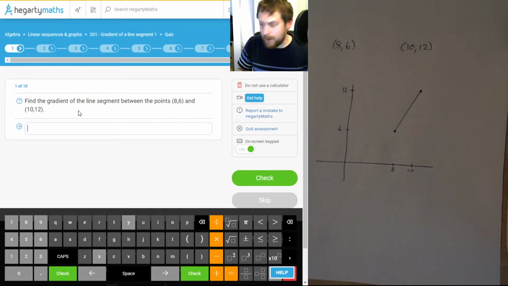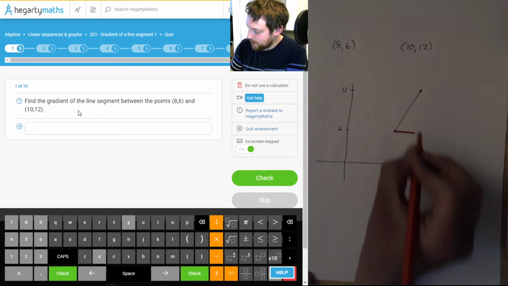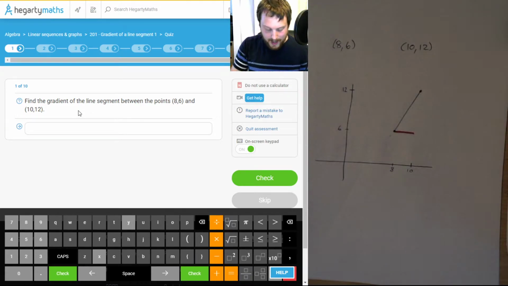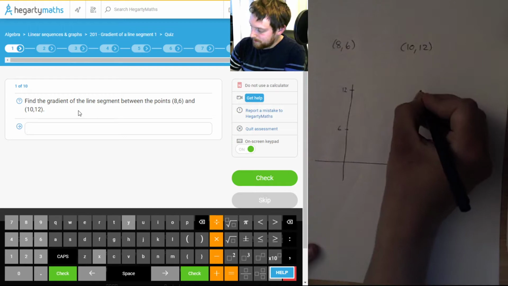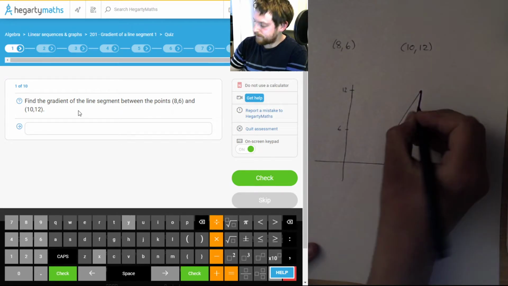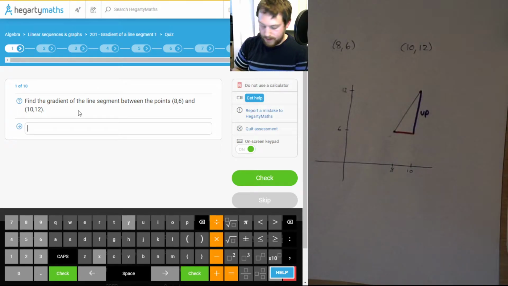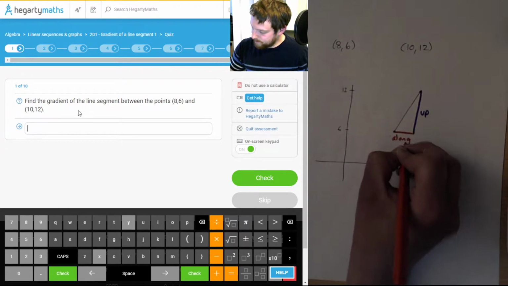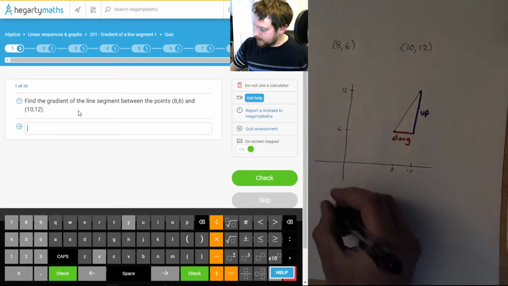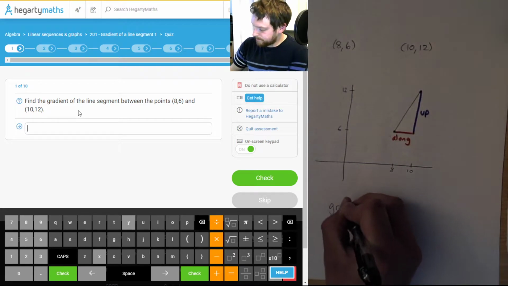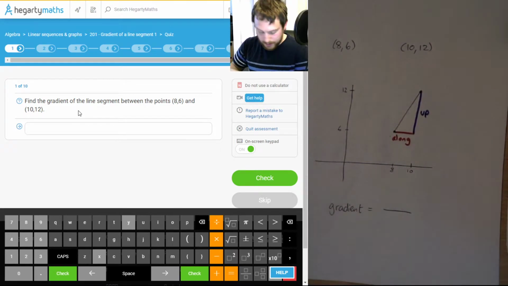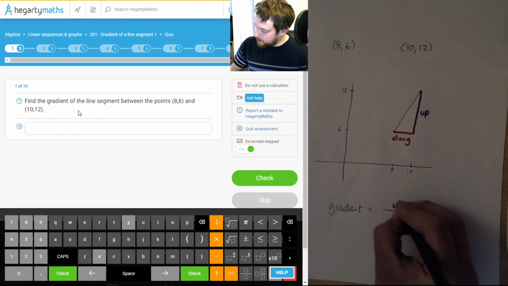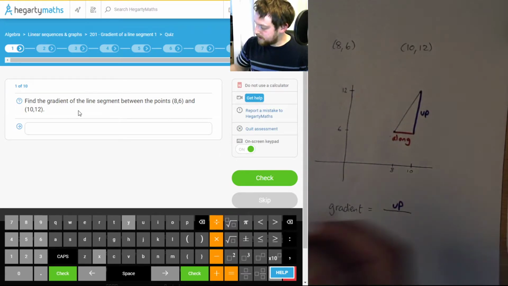So the gradient of this line, I need to know the along number, and I need to know the up number. Right, this is what I actually need. So I'll just write this down. So gradient equals up over along.